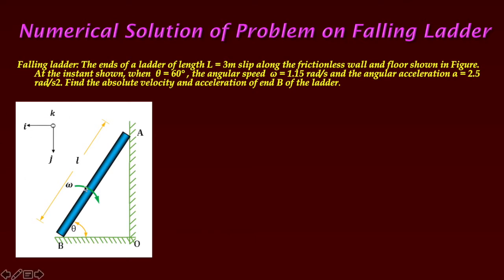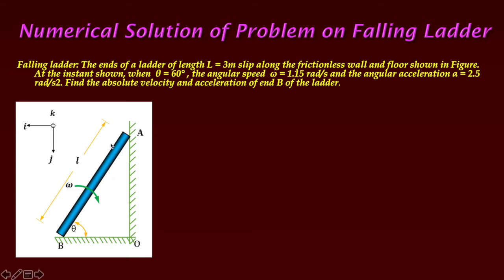The length of the ladder is given, and for a particular instant, the angle theta is also given. We have to find out the absolute velocity and acceleration of the ladder. At that particular instant, when theta is 60 degrees, the angular velocity omega is given.